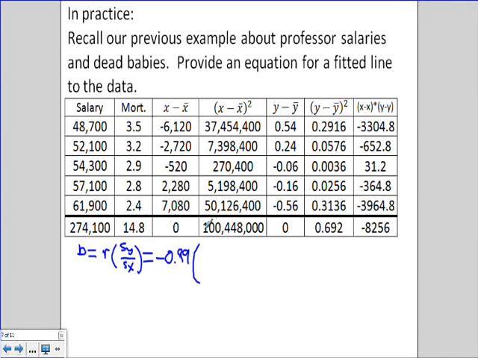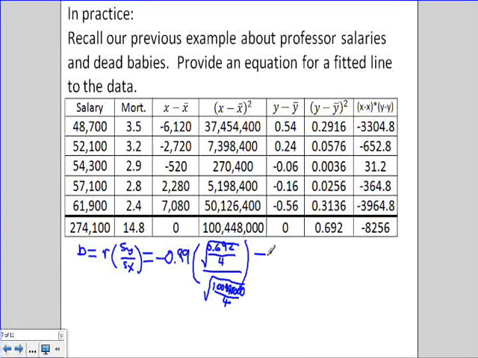And we can use this table to derive that the standard deviation of y is the sum of y minus y bar squared, 0.692, divided by n minus 1, which is 4, and you take the square root. And we divide that by the square root of the sum of x minus x bar squared, 100,448,000, divided by 4 once again because they have the same n.